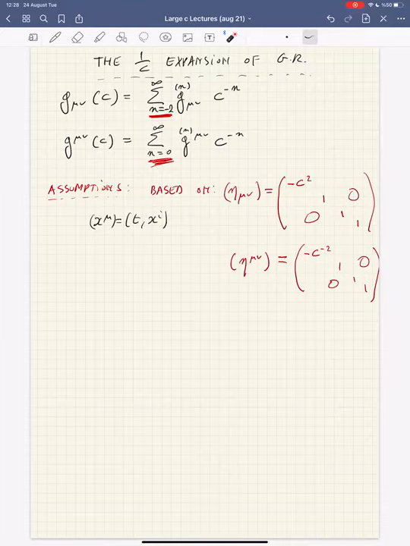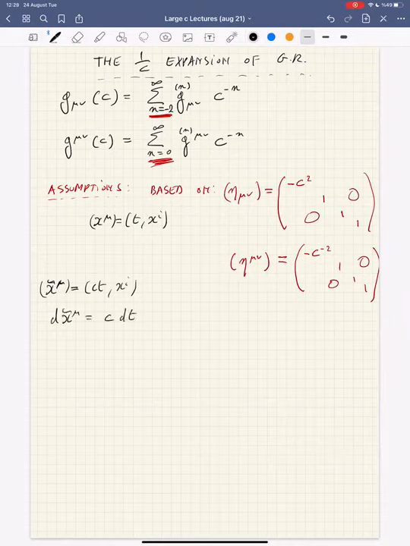Okay, right, and again, this intuition can be stated differently. You could define relativistic coordinates, let's say, ct, xi, and the whole point is that dx mu will come like c dt, that's what x0 is.